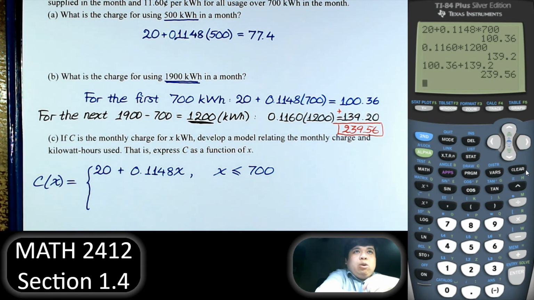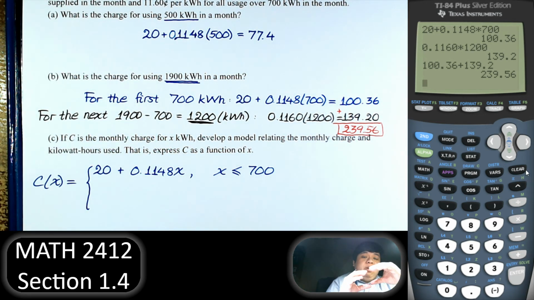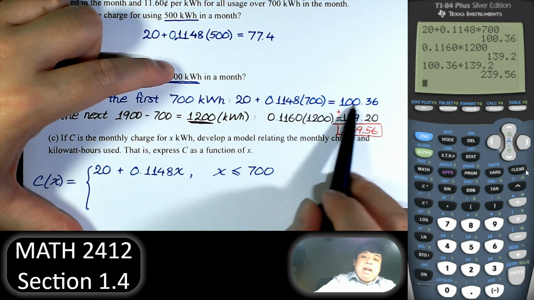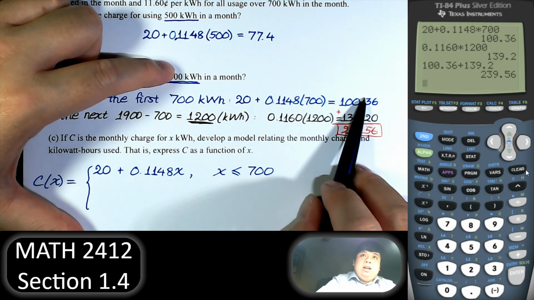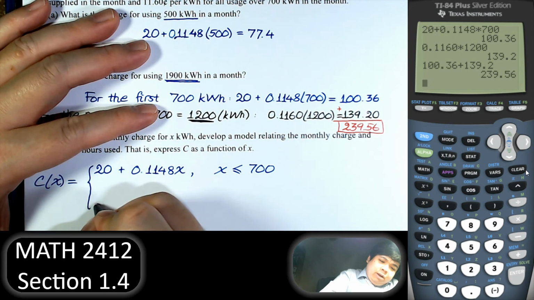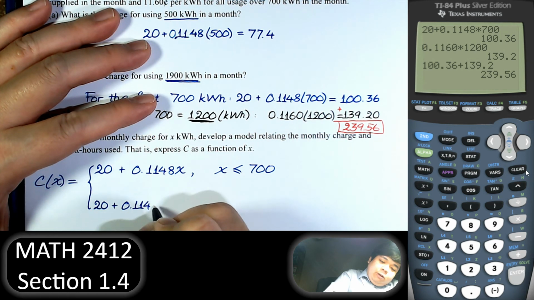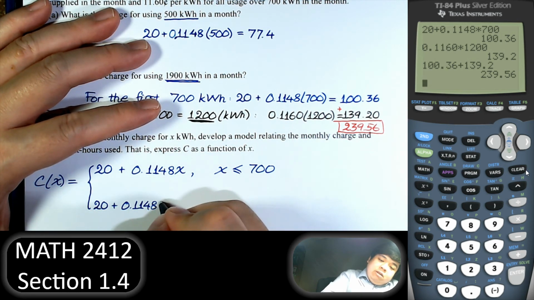Now, what happens when it's more? When it's more than 700, we still have to pay the first 700, right? We always have to pay that. Of course, we can use that number too, but let's just say we have 20 plus 0.1148 times 700.